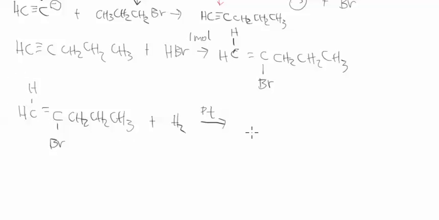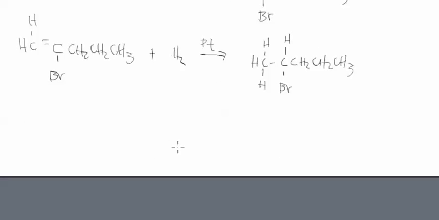So what will happen is that we will have a product, and I'll just redraw it again, with a double bond, and that H2 platinum will target the double bond and convert it to a single, and 2 sites of attachment will open up. H goes on one side and H goes on the other.